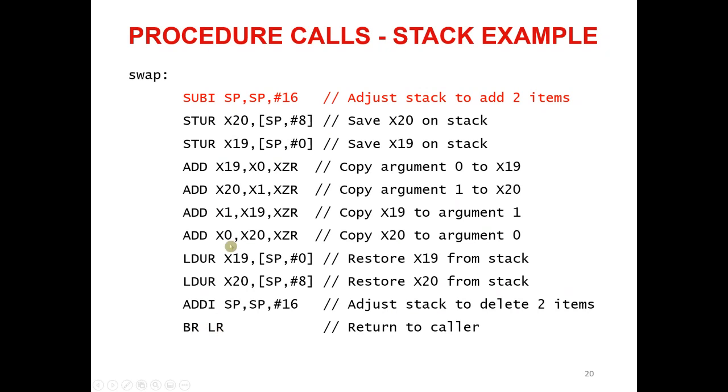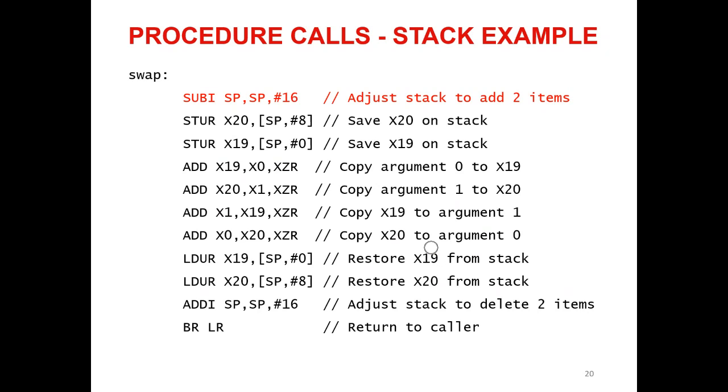What could happen is that if inside a procedure you call another procedure, then you will need to store the link register in the stack, call the new procedure, do what you need to do there, and at this point the link register will change because it will be like having nested procedure calls.